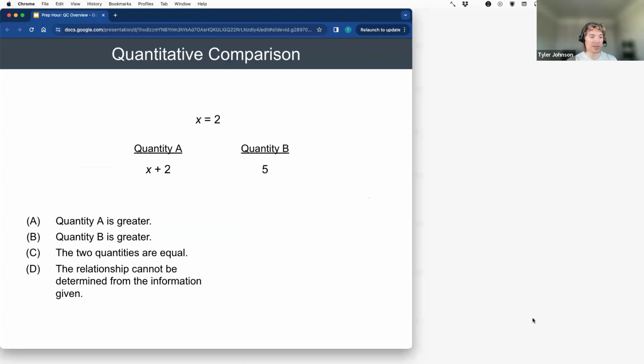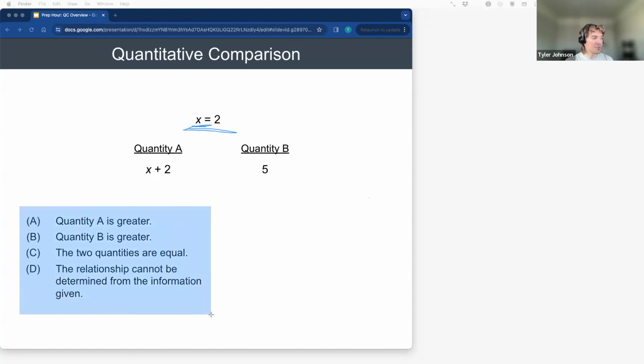And they look something like this. You have a quantity A and a quantity B. Sometimes, but not always, there may be some upfront info at the top of the question. And one thing that is always consistent is these 4 answer choices. On any quantitative comparison, these 4 answers will always be the same, so you should commit them to memory and understand what they mean.